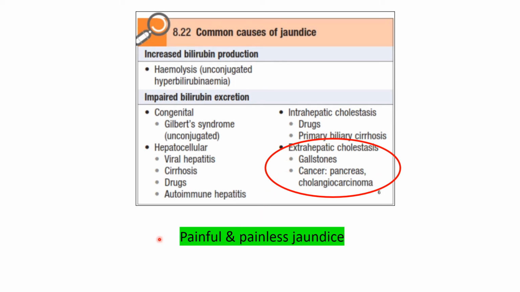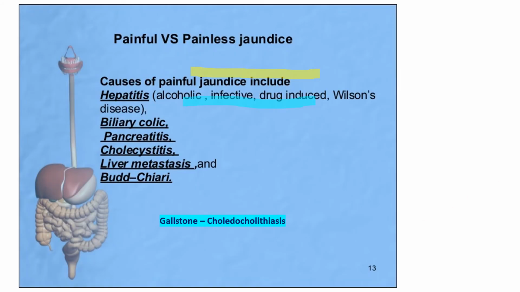It is sometimes useful, in fact most of the time it is useful, to classify jaundice as painful and painless. Painful jaundice is usually the result of gallstone cholangitis. That is the most common cause of painful jaundice.